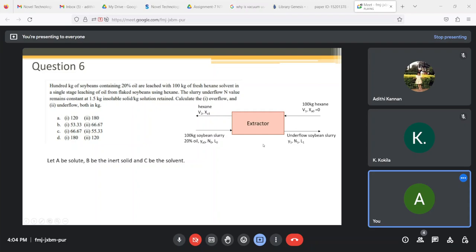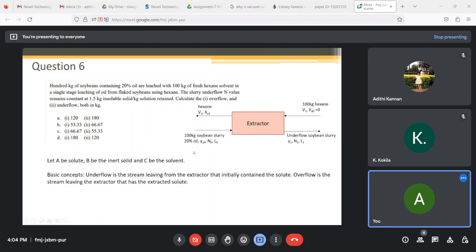We'll brush up on certain concepts here. The basic concept is that the underflow is the stream leaving the extractor that initially contained the solute, and overflow is the stream leaving the extractor that has the extracted solute. So this is the underflow, this is the overflow. We'll discuss certain formulas here as well. In the question you have something known as the N value.